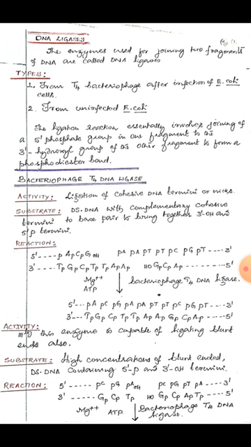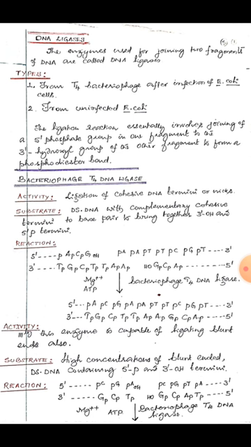To understand this, you should know a little bit of the biochemical nature of DNA. I suppose you already know it from your previous semesters. So the ligation reaction does the joining of the 5' phosphate group of one fragment of DNA to the 3' hydroxyl group of the other fragment of DNA so as to form a phosphodiester bond.